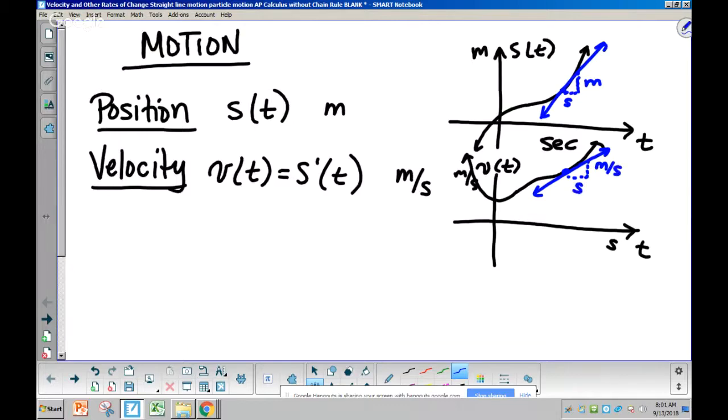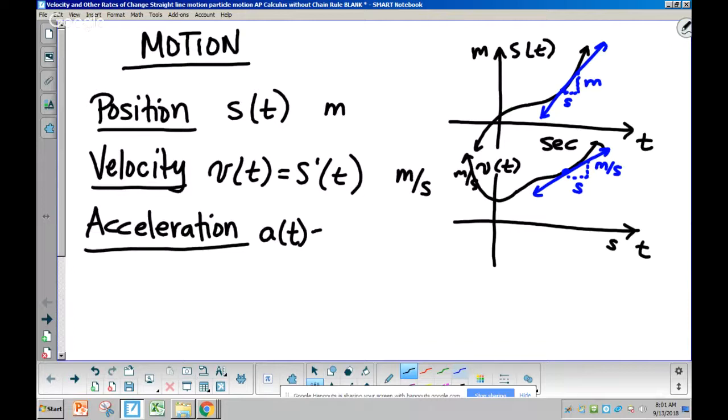So that slope would be meters per second squared, which is acceleration, that's right. So acceleration is equal to the first derivative of velocity and the second derivative of position, and that'll be meters per second squared.